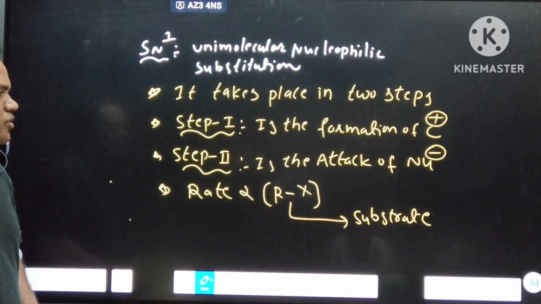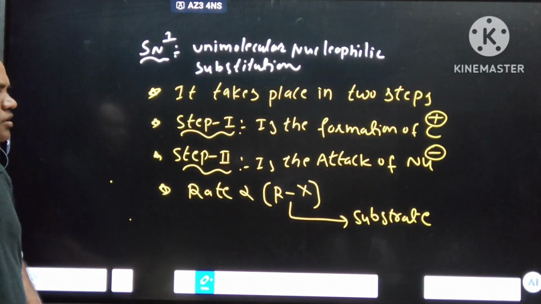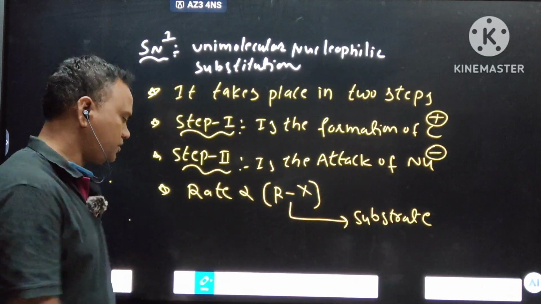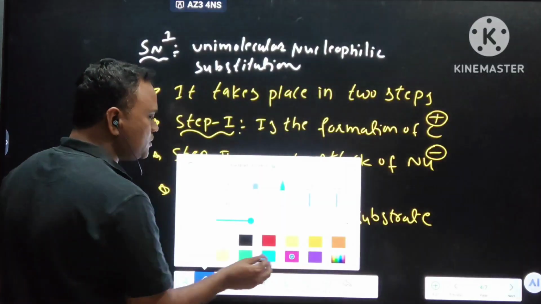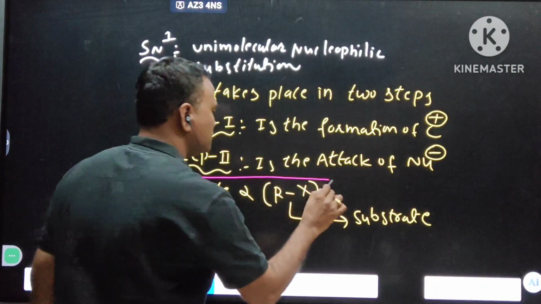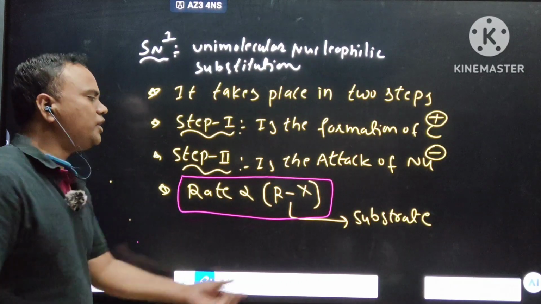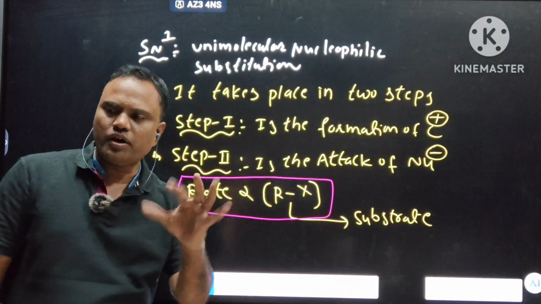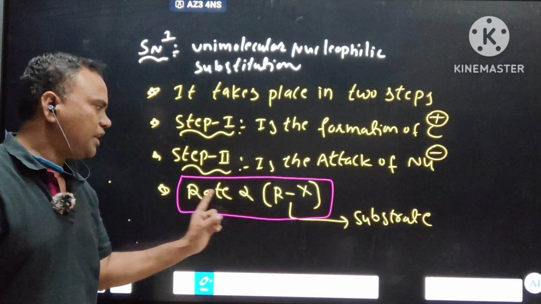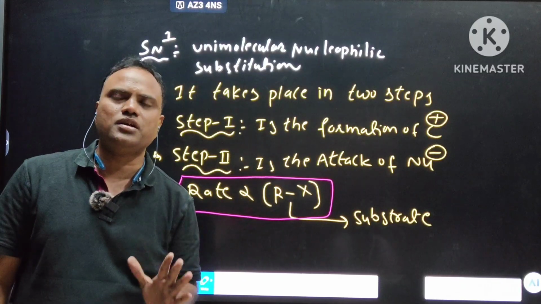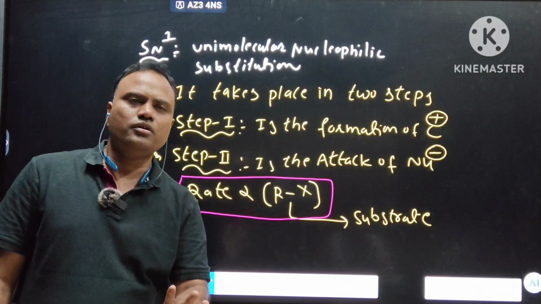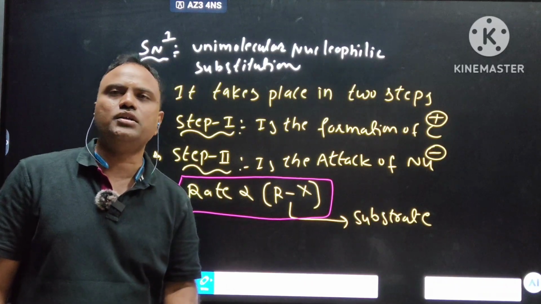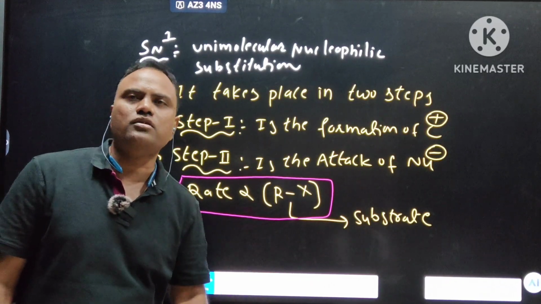So the rate is proportional to the substrate or concentration of alkyl halide only. Why did I mention the word only? I'll tell you later. Is there any nucleophile in this expression? No. Remember that point. The rate of SN1 only depends on the concentration of alkyl halide or substrate, but it does not depend on nucleophile concentration.